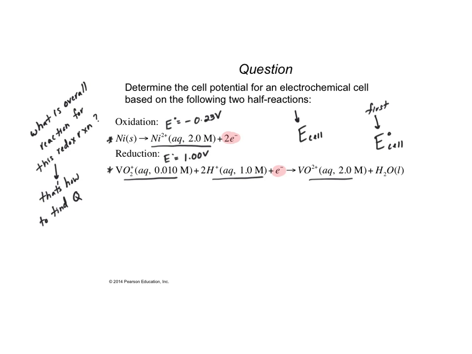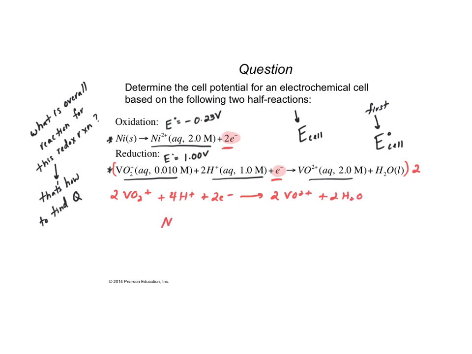So one thing I want to help out on really quick before you go through this, these aren't balanced the way they are, right? They're just showing you the half reactions. If we combine this to form this overall redox reaction, this guy only has one electron being transferred where this has two, right? So if I wanted to balance with respect to charge, what do I need to multiply that reduction half reaction by? 2, right? So that gives me this overall: this guy plus 4 protons plus 2 electrons goes to make 2 VO2+ plus 2 H2O.